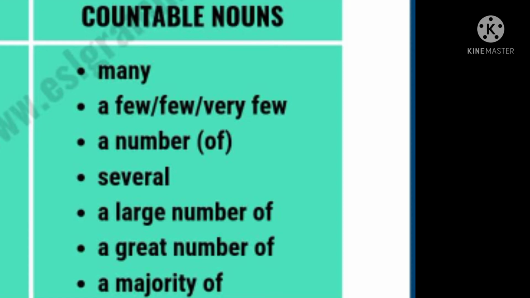Then the last one is countable nouns: many, a few, few, very few, a number, a number of, several, a large number of, a great number of, a majority of. With this, the quantifier is over.